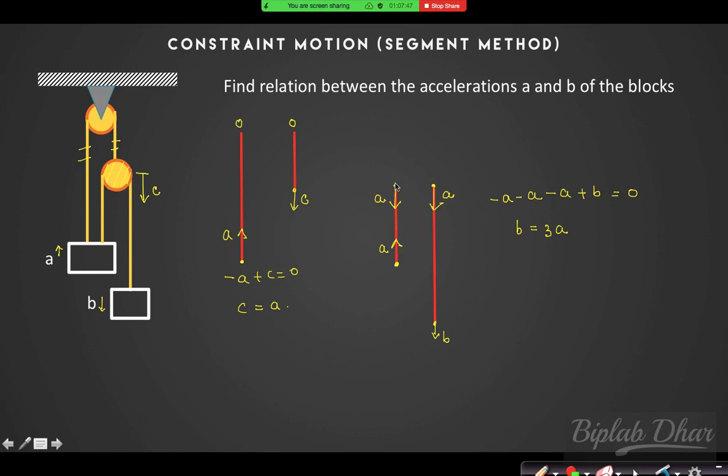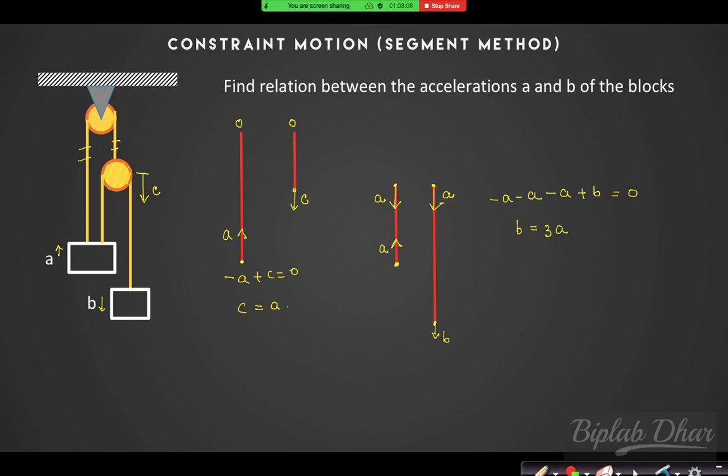That is why I have put A downward for both parts. So we have to consider the strings separately: two strings, two constraint equations. For each string one constraint equation.